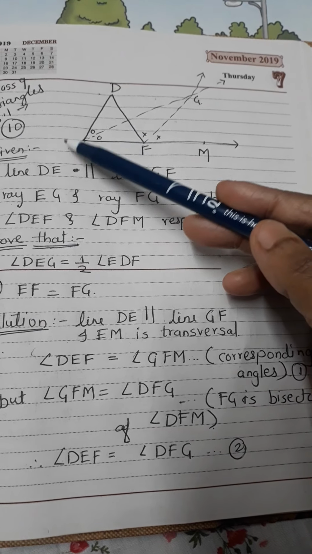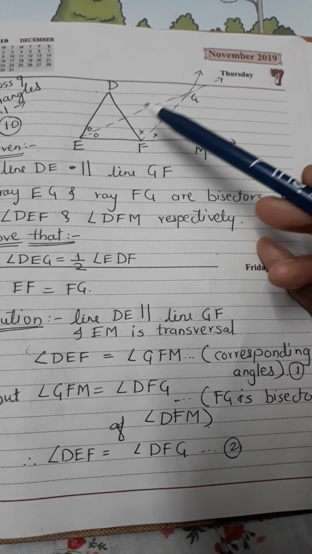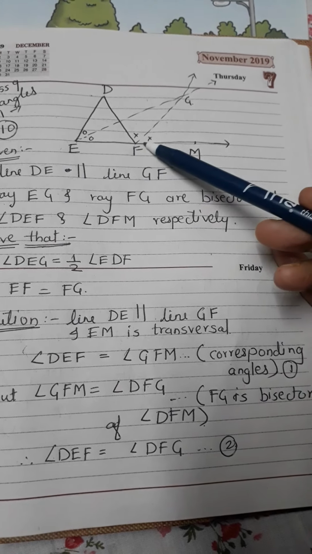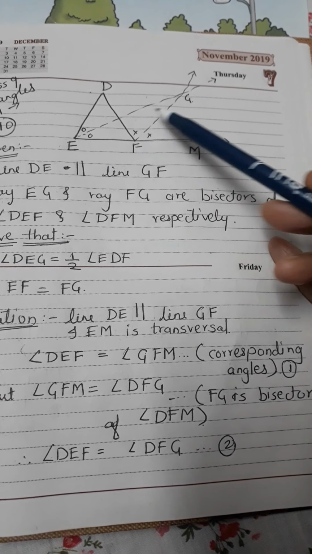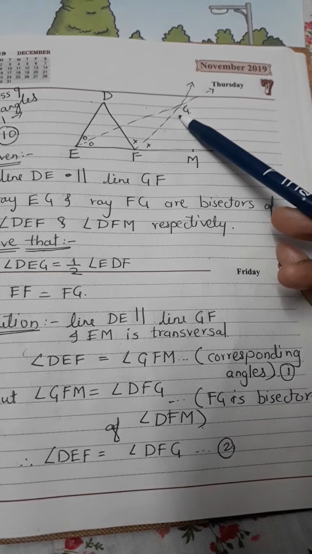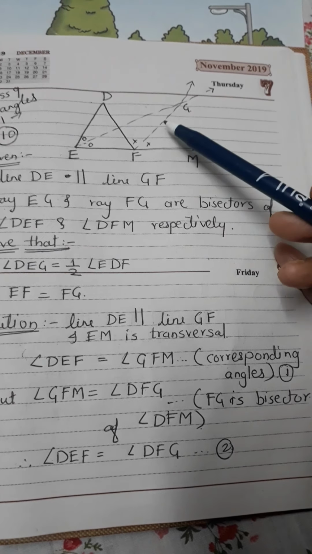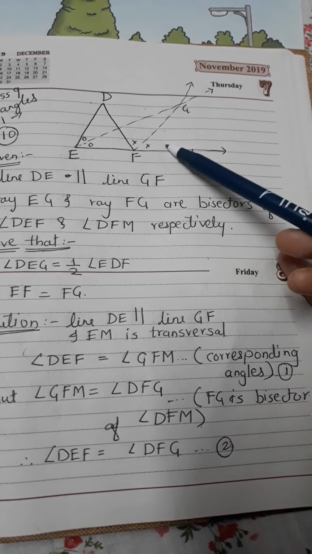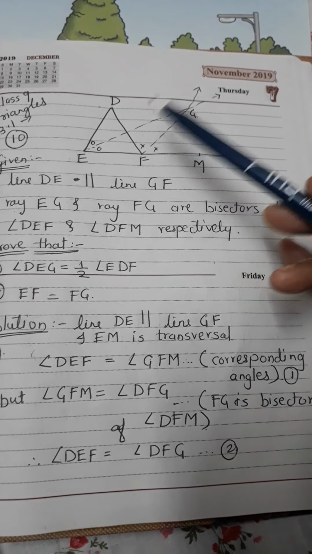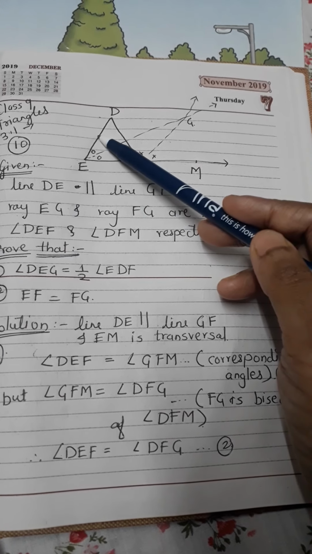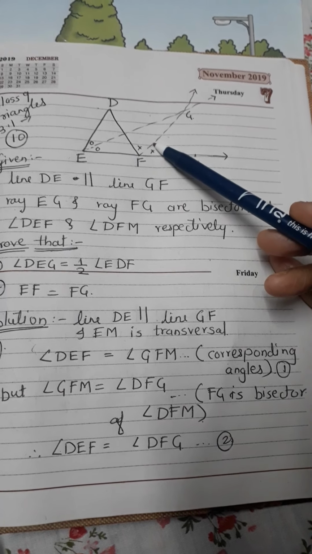That is, angle DEG will be equal to angle GEF, as well as in this part, angle DFG will be equal to GFM. So these two parts are equal and these two parts are equal. This is the given, and these two lines are parallel, that is DE parallel to GF.